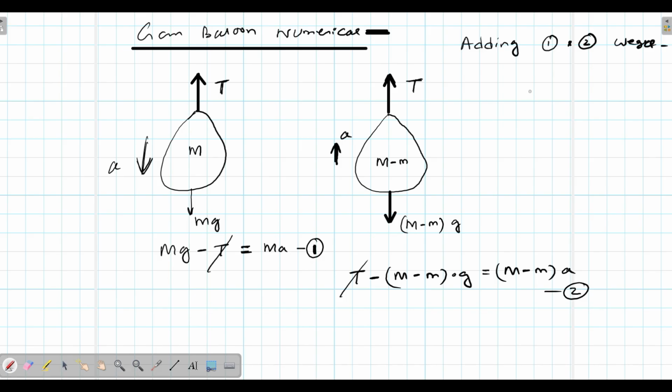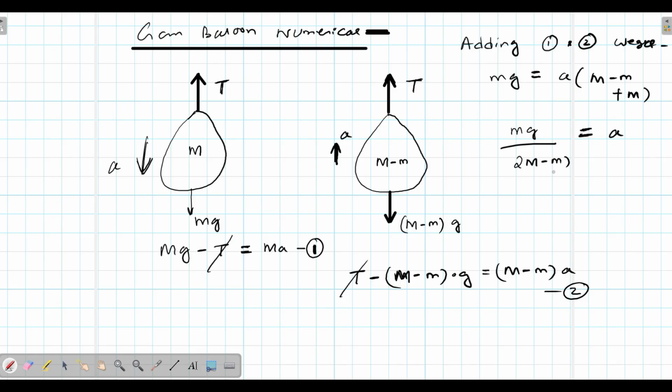So small mg equals a taken as common, that is (M minus m) plus M. So acceleration a equals small mg divided by (2M minus m).